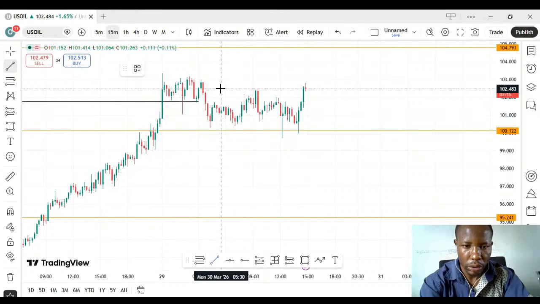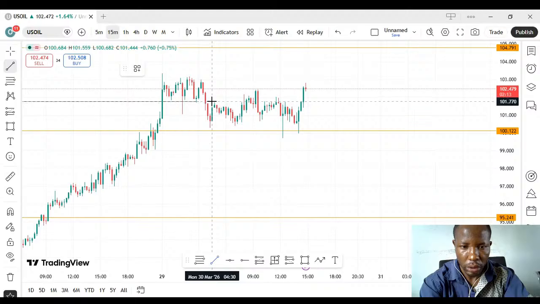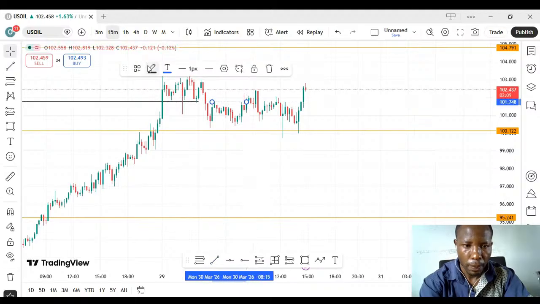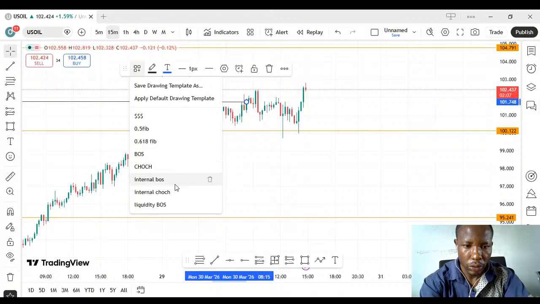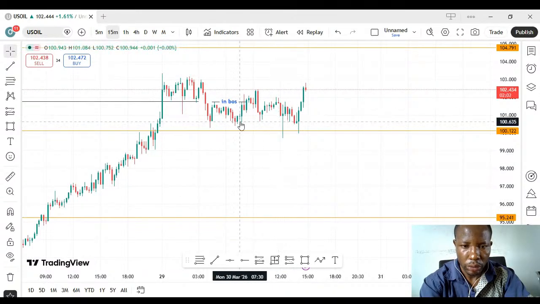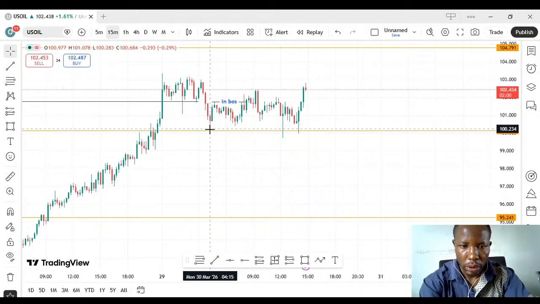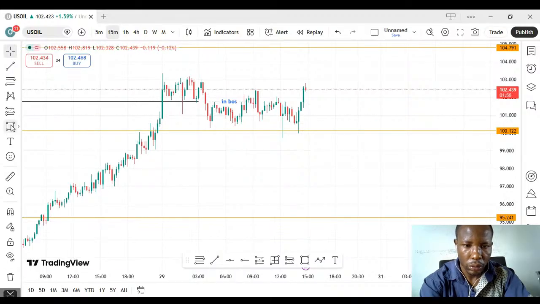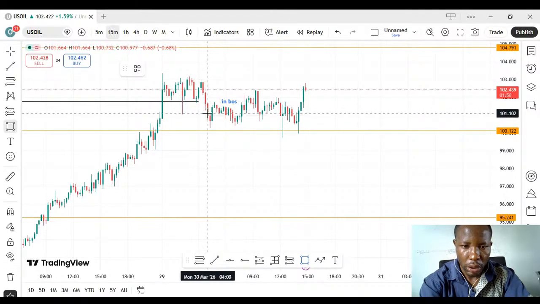I want to read these internal structures right now to see if we can take a trade. It's a break of structure here, an internal break of structure, and there is a pullback to the candle that caused the break of structure, which is this one.